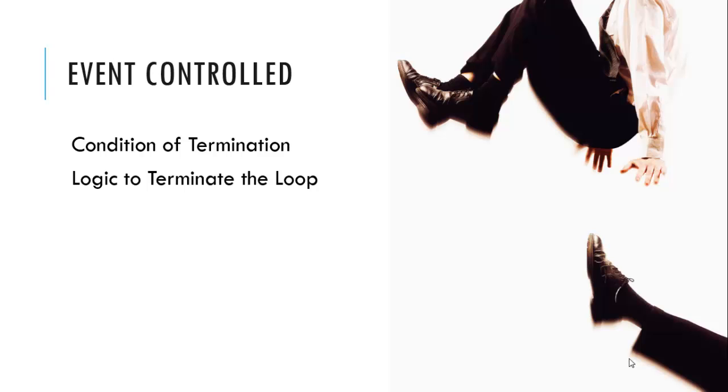So you've written the condition: user response is equal to yes. So keep looping as long as this condition is true. However, you would also have to code the logic inside the body of the loop that will, at one point in time, allow this condition to terminate. If you don't code that logic, the loop will go on forever.